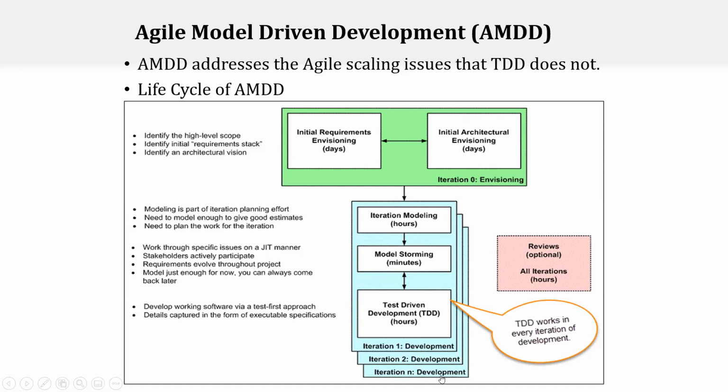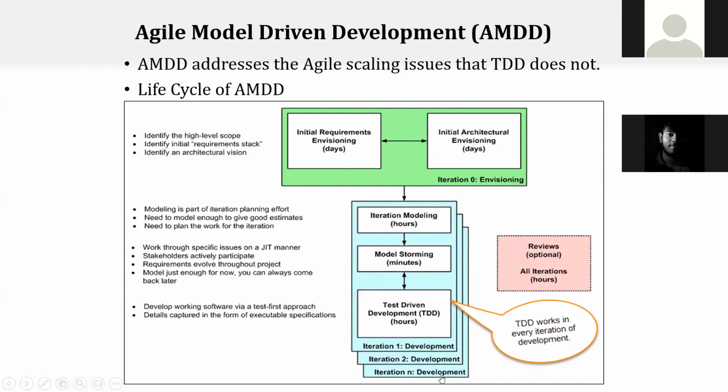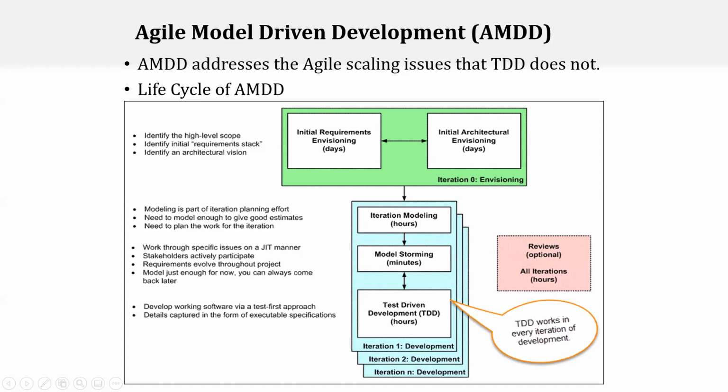And the output of this is an executable product which satisfies all the conditions, the financial issues, the acceptance testing, all the testing procedures, and we have got the software product.